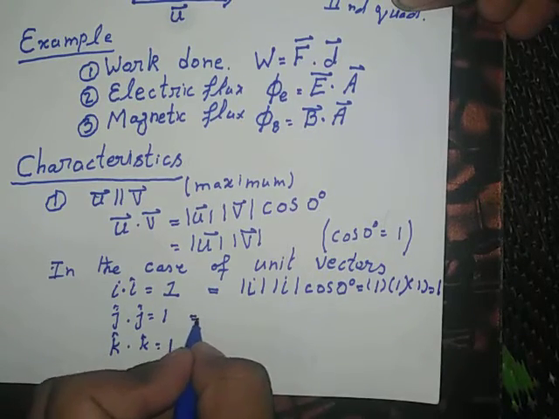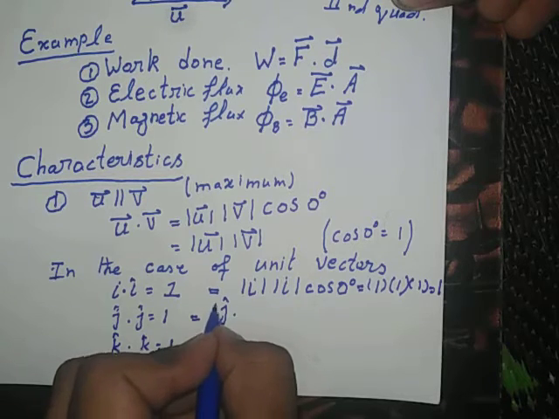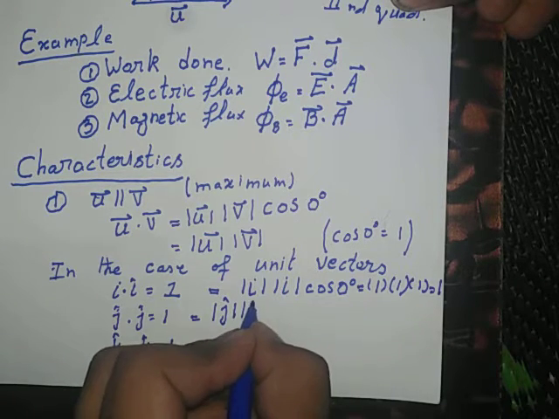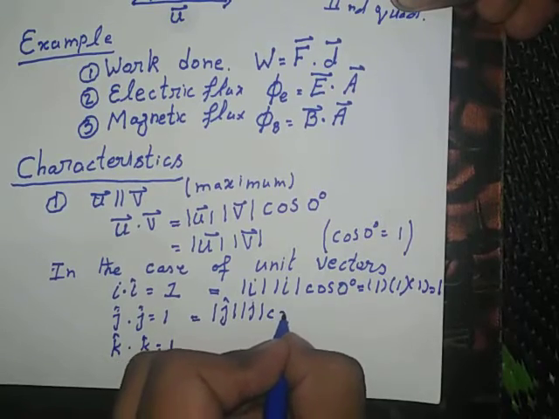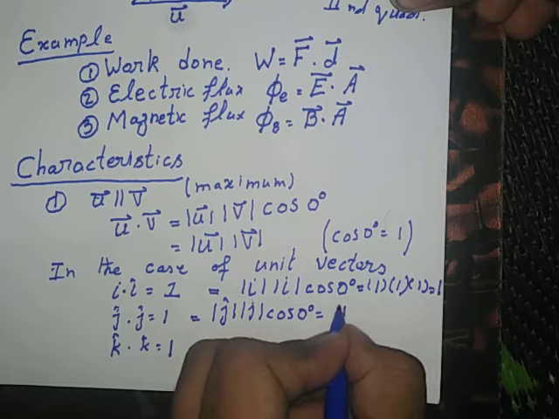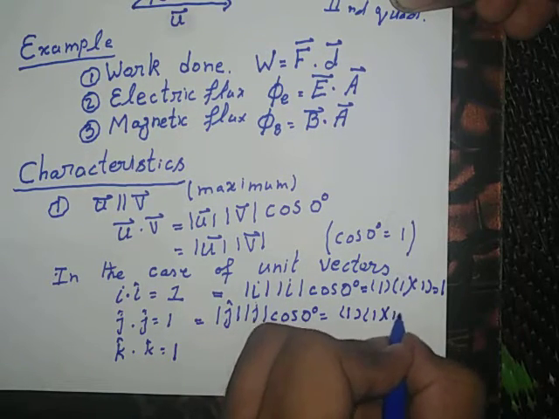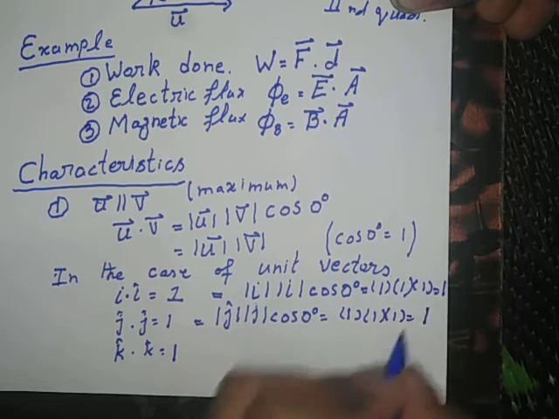Similarly, we can derive this for the j unit vector: magnitude of j times magnitude of j times cos of 0 degree between them, because both vectors are parallel. The magnitude of a unit vector is 1, so j is also 1.